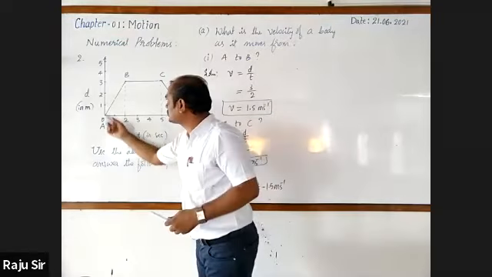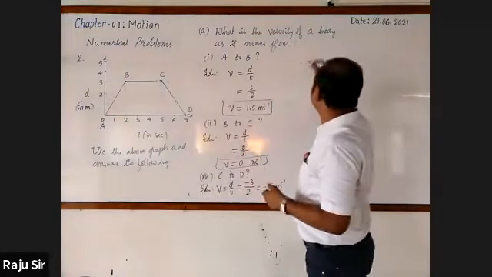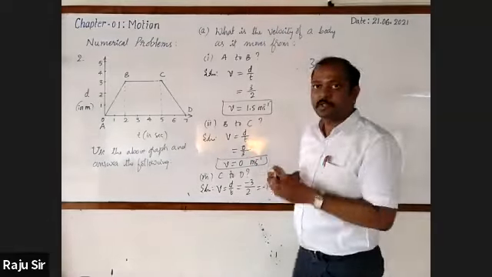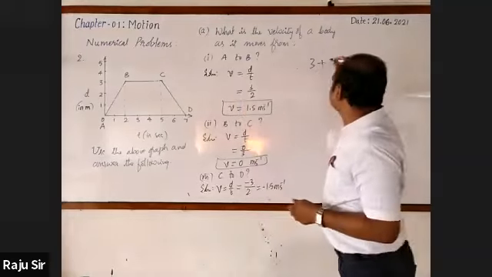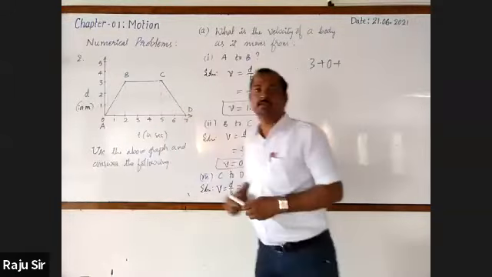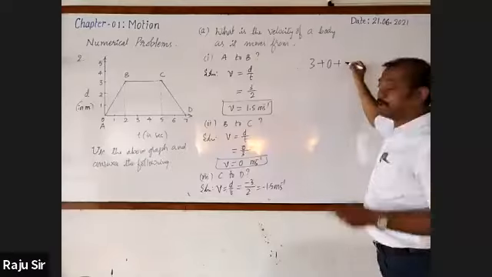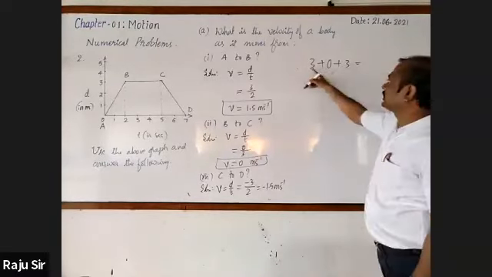In the first 2 seconds, it has covered a distance of 3 meters. In the next 3 seconds, it has covered a distance of 0. Next, in the last 2 seconds, it has covered a distance of 3 meters. Displacement is negative. Here I am asking the distance.